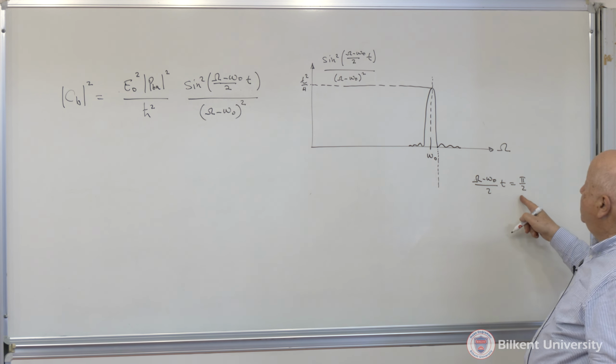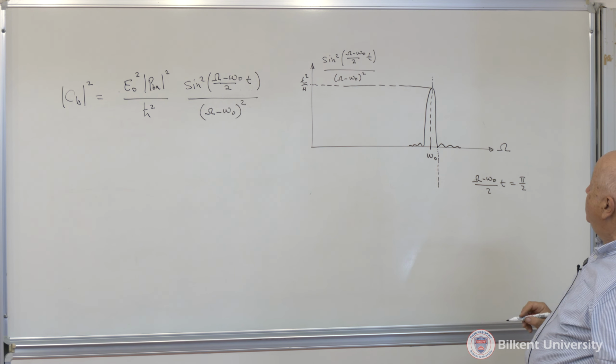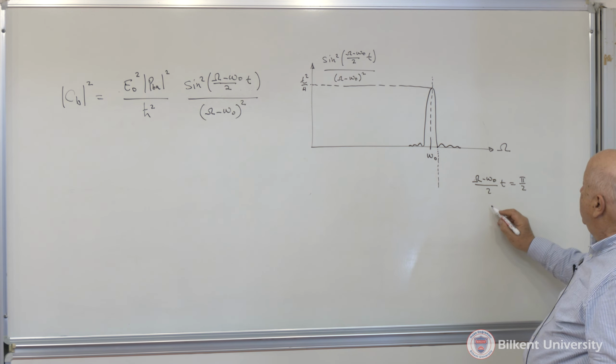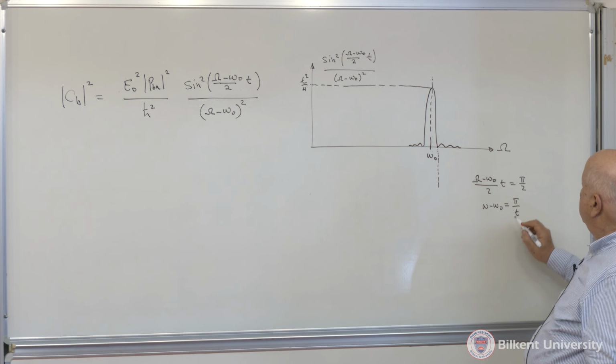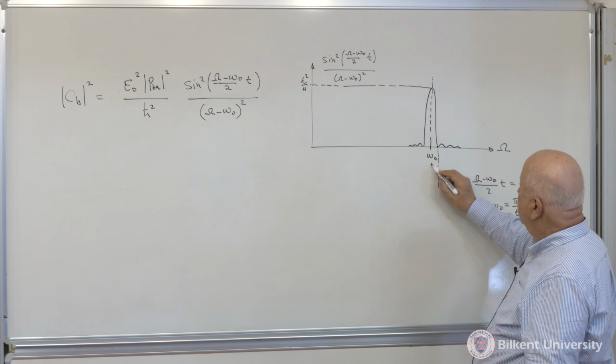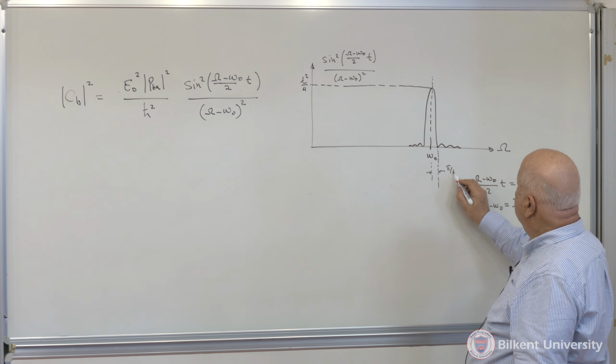When that's equal to that, then sine pi over 2... So that tells me that omega minus omega 0 is equal to, cancelling the 2's, pi over t. So this distance here is equal to pi over t.